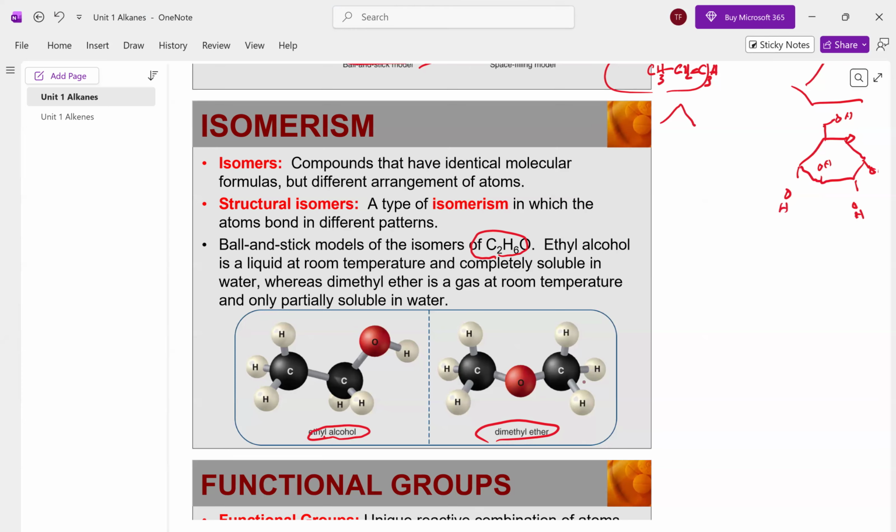Who's heard of thalidomide? Anyone? Okay. Thalidomide was a disaster. It's an anti-nausea medication given to women in their first trimester. A disaster because it came in two forms. One form was anti-nausea, the other was a teratogen. Who knows what a teratogen is? Anyone?